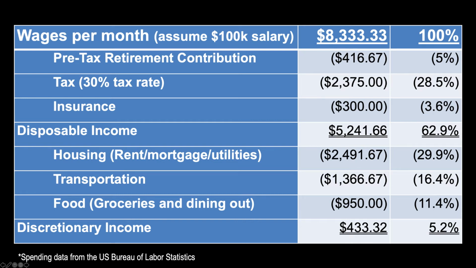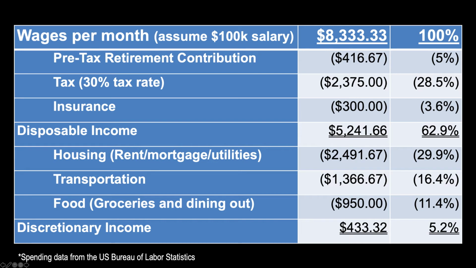So if they were to then think about housing, transportation, and food, so our operating costs, the numbers that I estimate here are based off of the Bureau of Labor Statistics. The 29.9, the 16.4, and the 11.4%, those percentages were pulled from the Bureau of Labor Statistics for individuals that make about this amount of money.